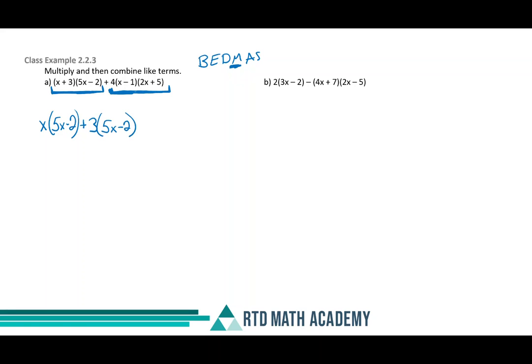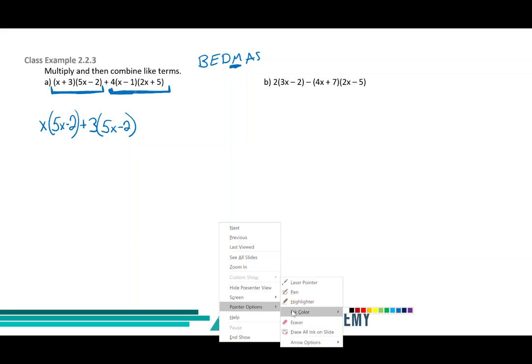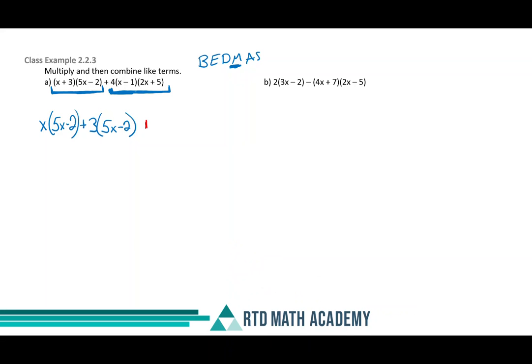Okay. Now I'm just going to change my ink color so that we can really overemphasize that this next step is separated. Now we have options here. We know that 2 multiplied by 3 is the same thing as saying 3 multiplied by 2.